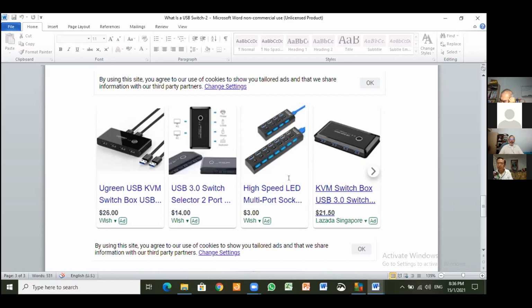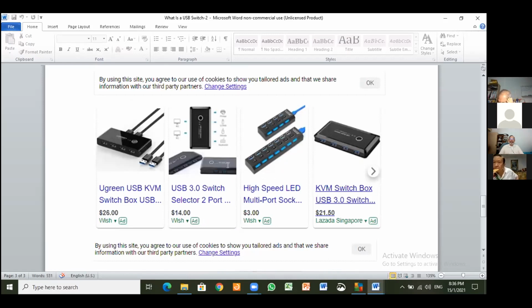Then there's another one, the USB switch. I never used this before, but if I'm not wrong, when you press it, you activate the device, much like a USB with a switch. So this is another kind of USB switch.